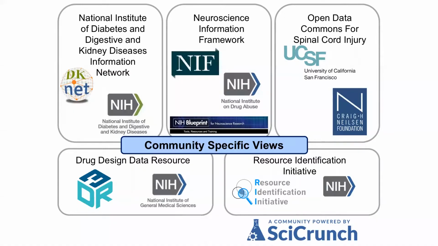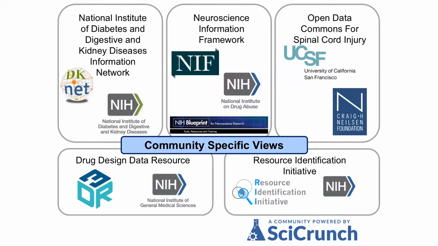And so a little bit of history. The Neuroscience Information Framework was started in 2008. There were a number of developments that went on with NIF. DkNET was funded then by the NIDDK at NIH in 2012.